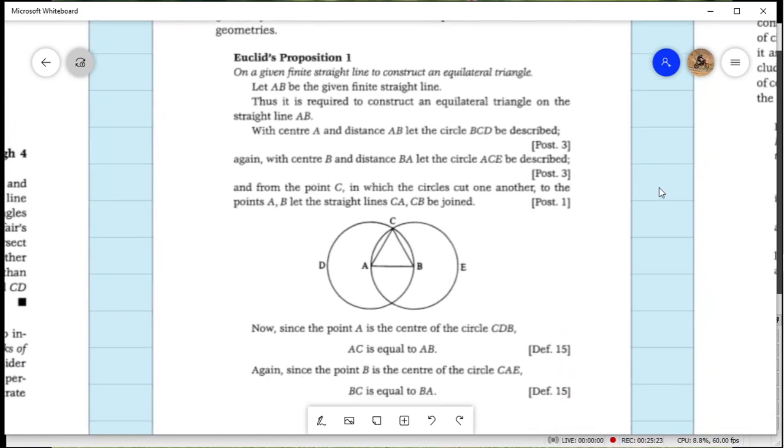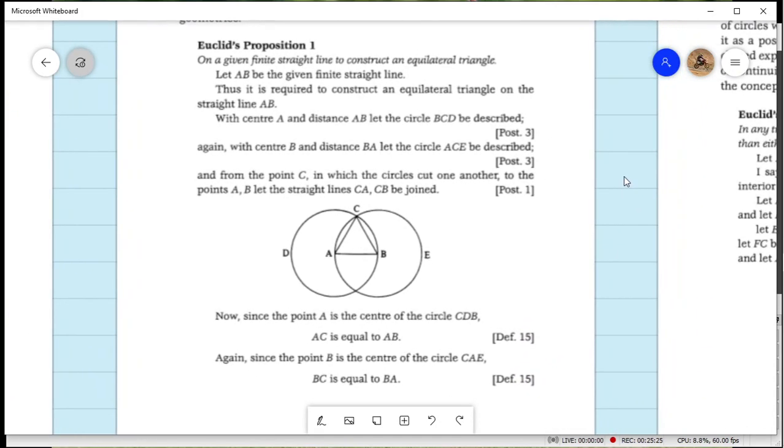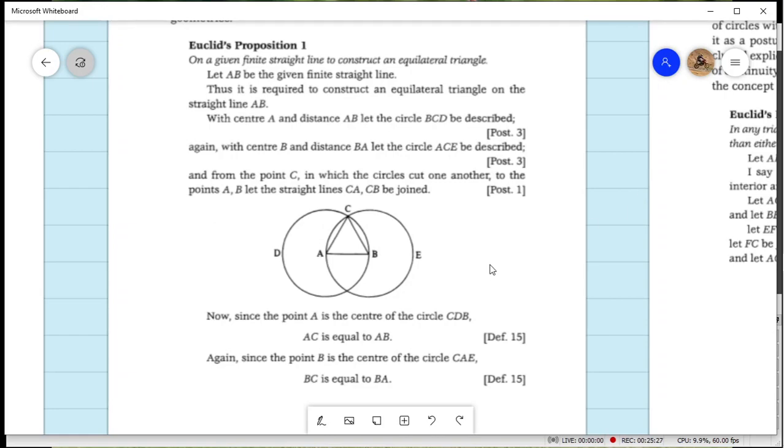Here, for example, is Euclid's proof of his proposition number 1, stating that on a given finite straight line, construct an equilateral triangle, meaning given any line segment, you can draw an equilateral triangle.